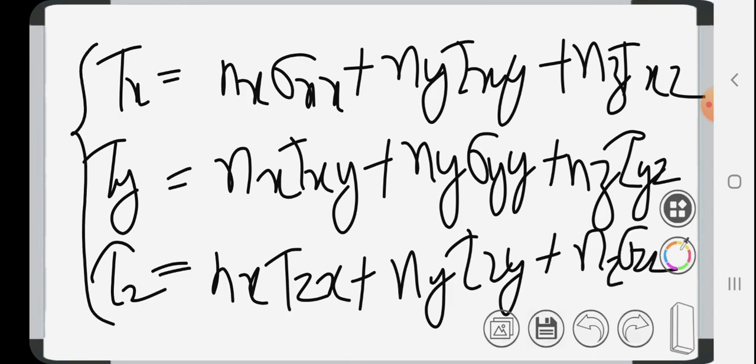So these are the three equations, Cauchy's equation. Earlier we had written it in matrix form, now I have written it in algebraic equation form itself.